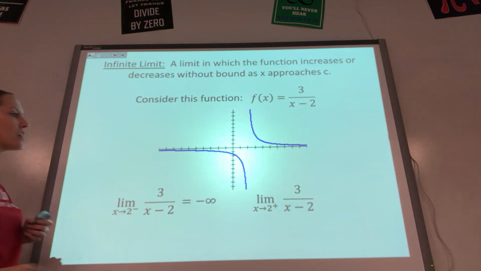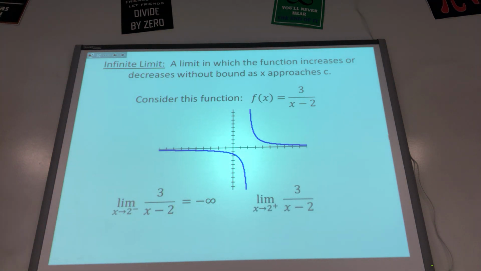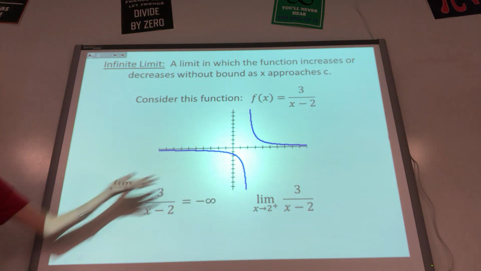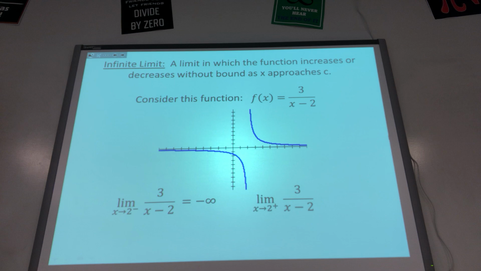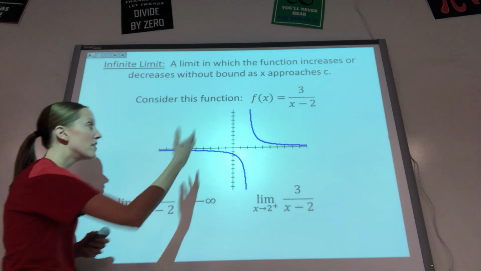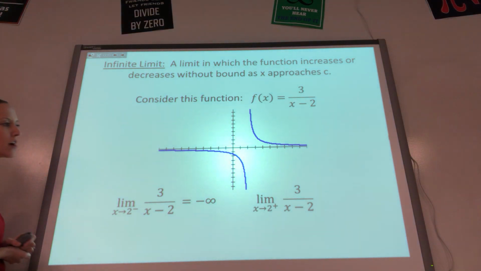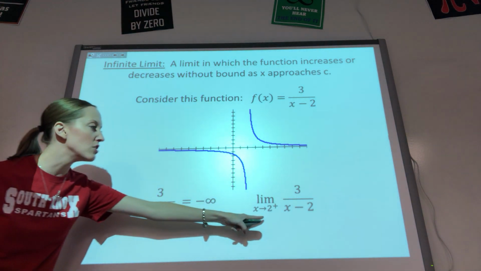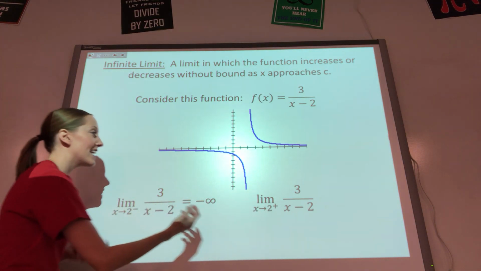Now, if you switch the limit and come in from the right, so now it wants us to find the limit as x approaches 2 from the right of the same function, 3 over x minus 2. You're still approaching 2, just coming in from the other side.